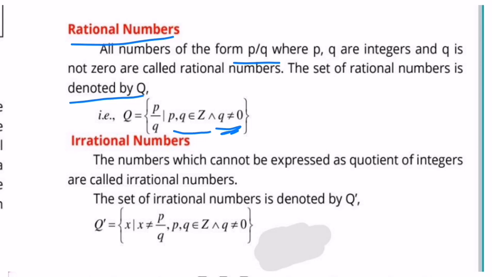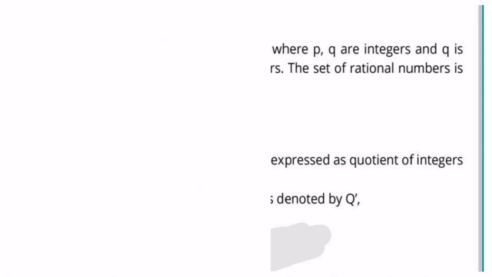Means an integer divided by a non-zero integer is called a rational number. For example, -1 divided by 2, 22 divided by 7, because 22 belongs to integers and 7 also belongs to integers.